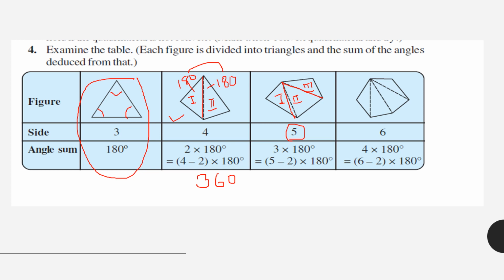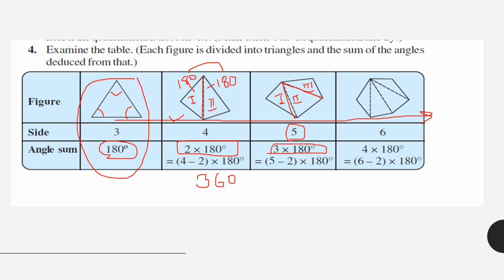Now we have to understand a pattern in this, because we can't find it all the time by making triangles. So we need to find a pattern. Let's start from here. We knew it is 180. This time it came as 2 into 180 degrees, because there are two triangles. Here we have three triangles. It came as 3 into 180. In hexagon we have done the same thing and we got four triangles.